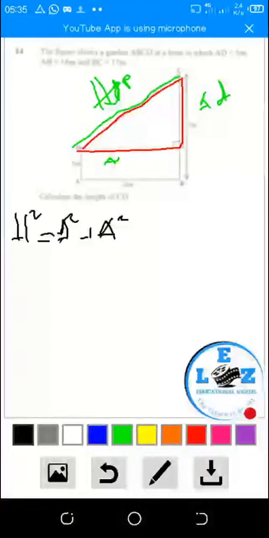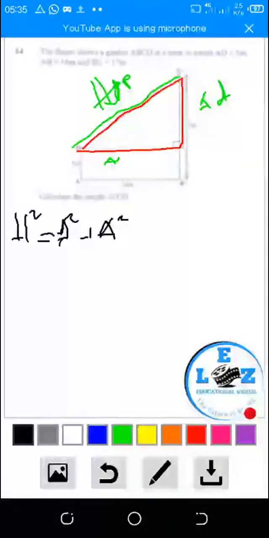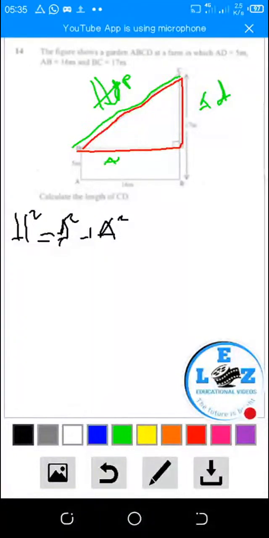Once we have identified that, the hypotenuse is not given. This adjacent down here is also not given, but we can trace its length from this line, which is AB, which is 16 meters.